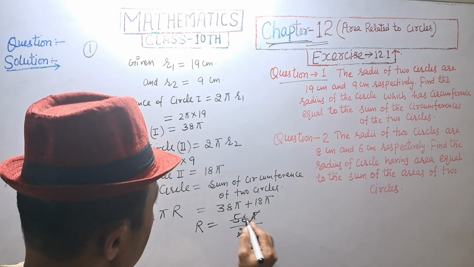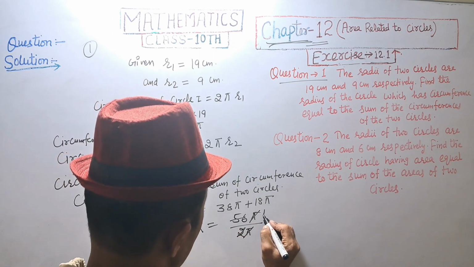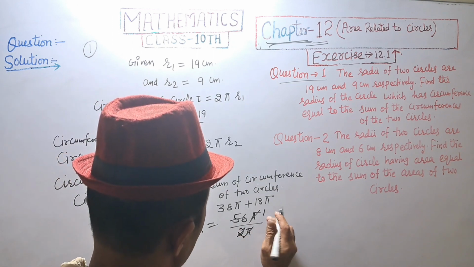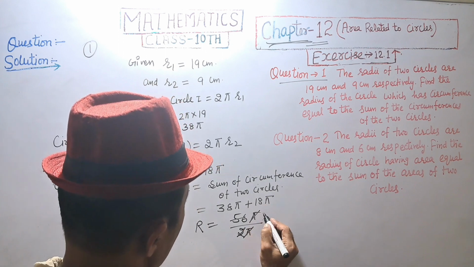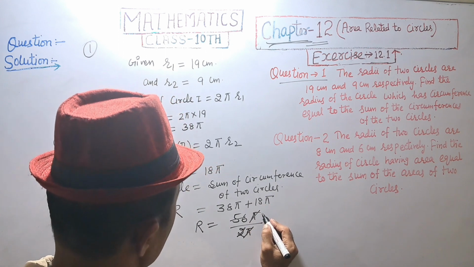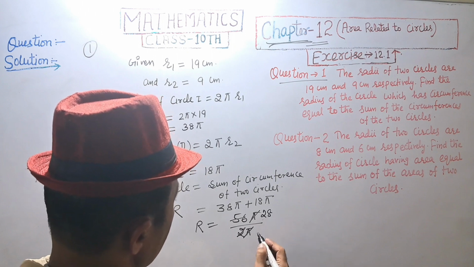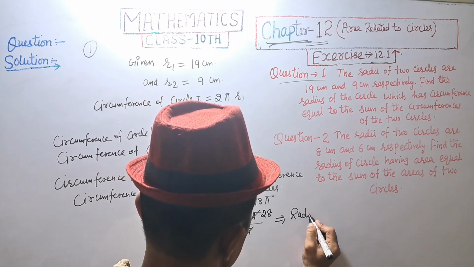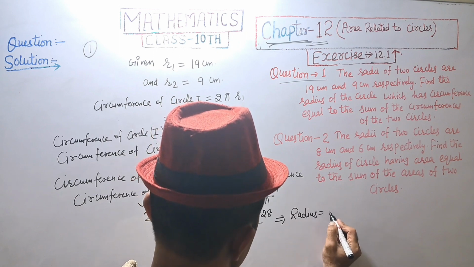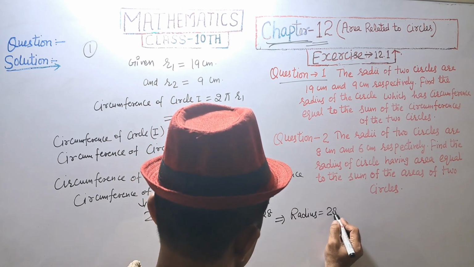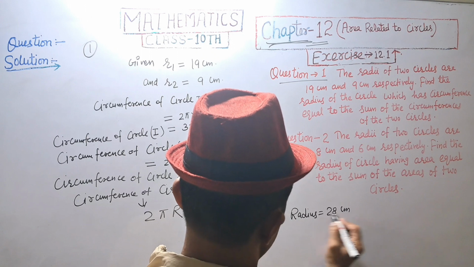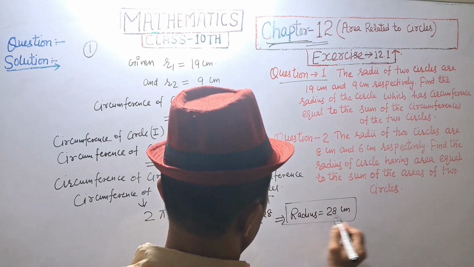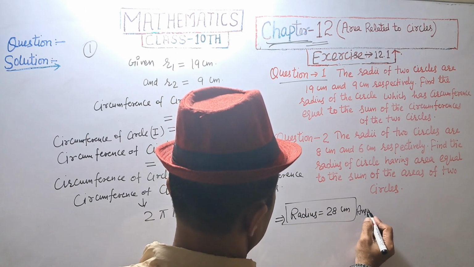Pi is cancelled, and this implies 28. Radius is equal to 28 centimeter. Answer.